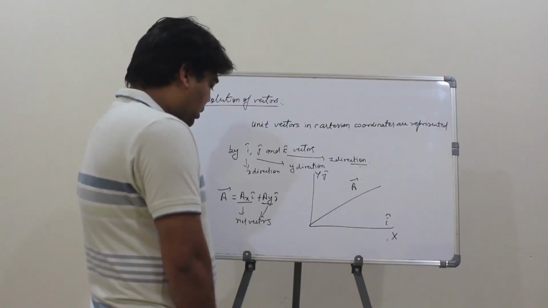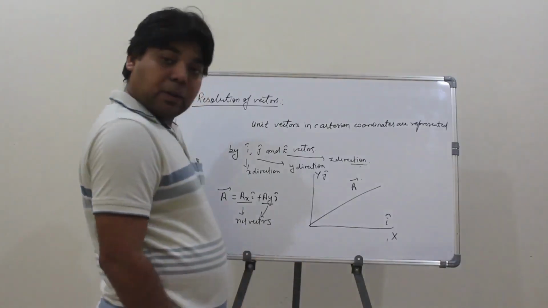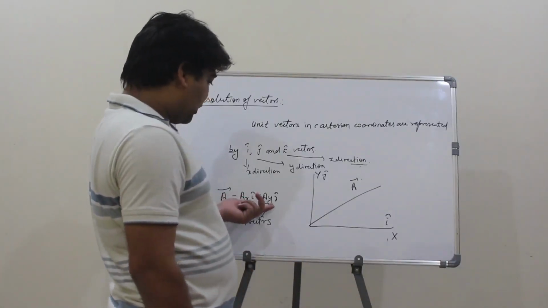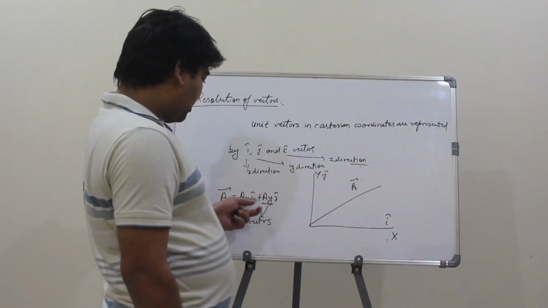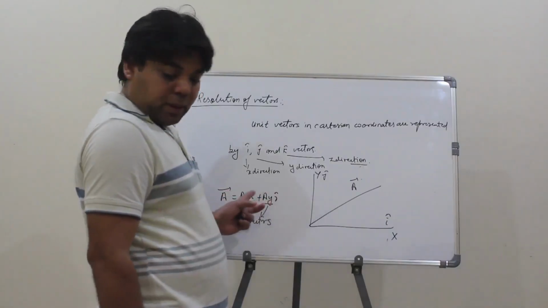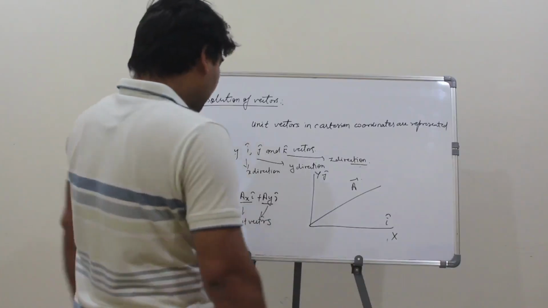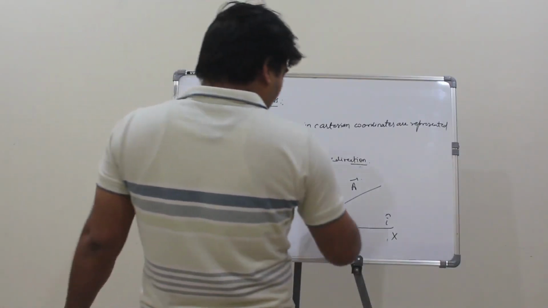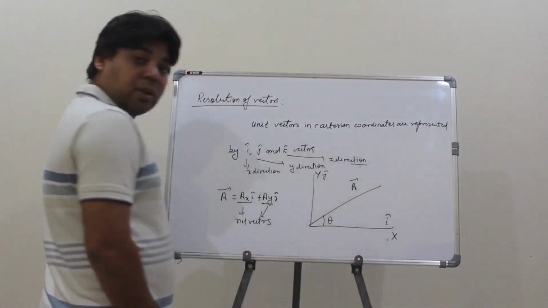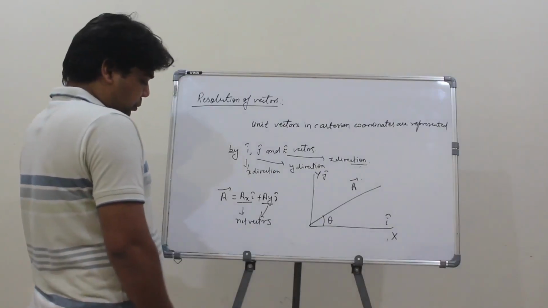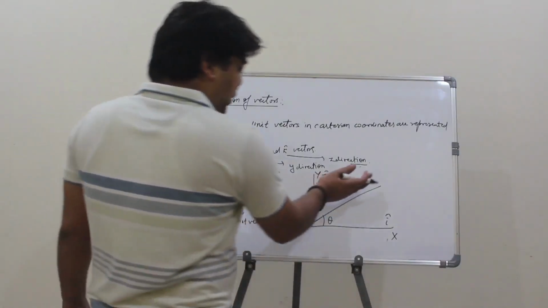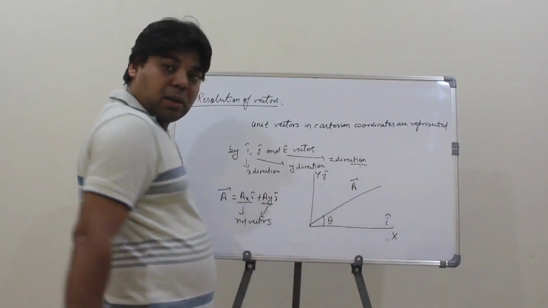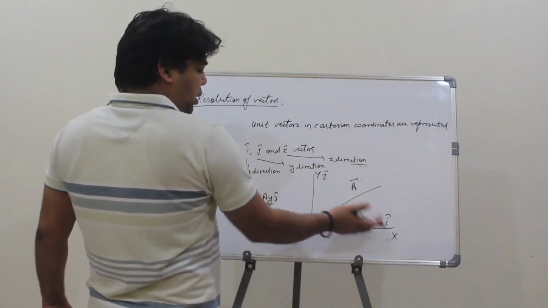So now, to calculate it more specifically, Ax and Ay, how do we define them? We will assume that this vector makes an angle theta with the x-axis, right? Then you will break A along the x direction and y direction.